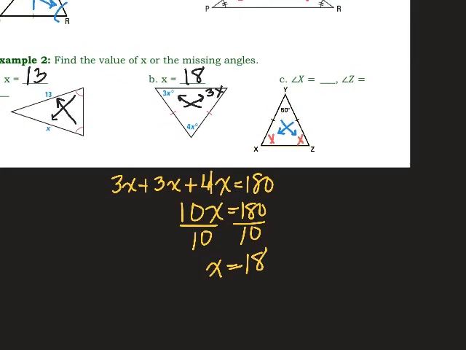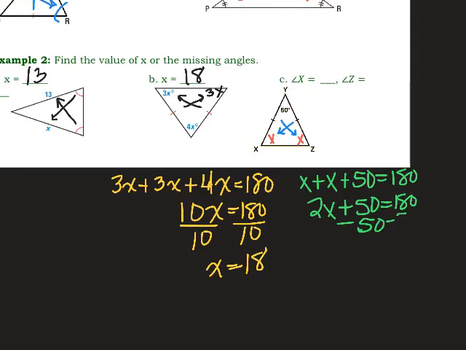And remember, no matter what size of your triangle, the angles inside must add up to 180. So we're going to take X, X, and 50, and set it equal to 180. This is 2X plus 50 equals 180.